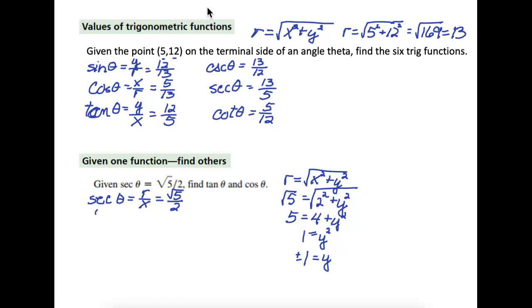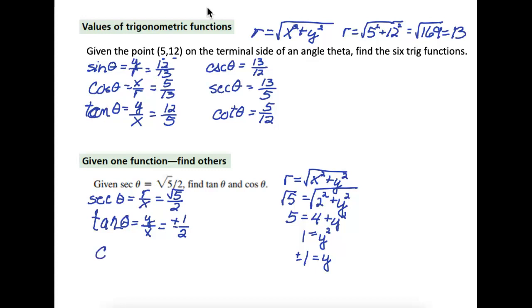So our value for the tangent of theta is going to be, going back to our definition, tangent of theta is y over x, so that's going to be plus or minus 1 over 2. And we choose one of those depending on what quadrant we're looking at, but we really don't know right now.